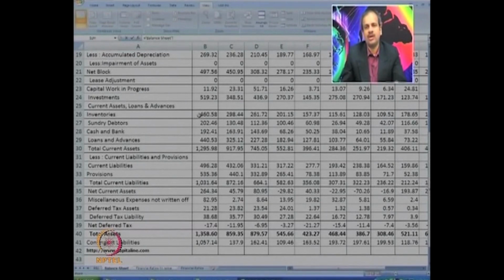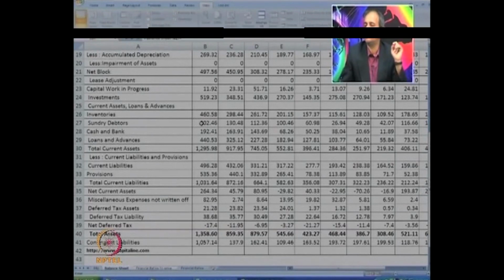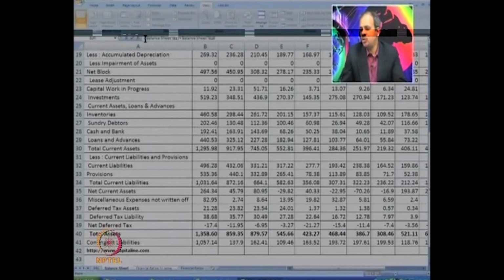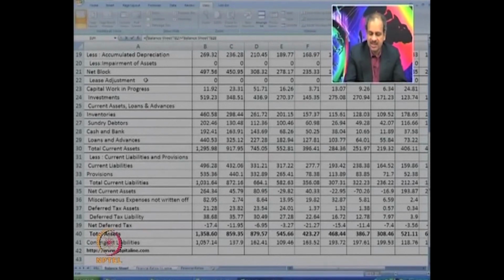The answer is no. Inventory cannot be a quick asset. Will you include sundry debtors? Yes, sundry debtors is one of the quick assets. So, that is the first item we are including. Cash and bank, obviously it is a quick asset. Will you include loans and advances? No. So, we have two items as far as the quick assets are concerned.